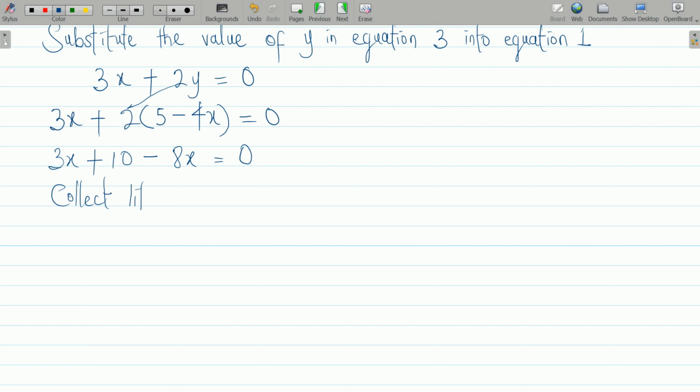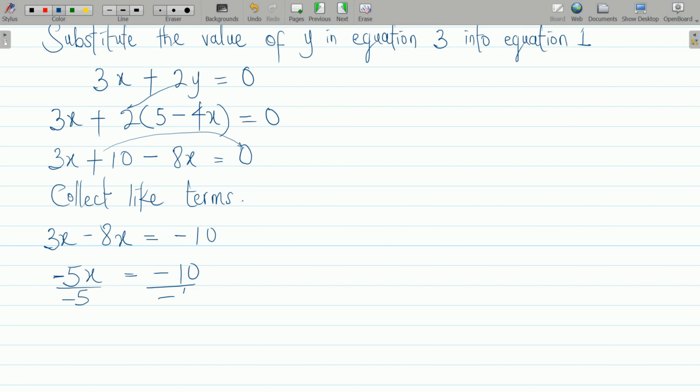Collect like terms. 3x minus 8x equals minus 10 because the 10 moves to the right and now it has minus. 3x minus 8x equals minus 5x. Divide both sides by minus 5 since it's the coefficient of x. x equals 2.